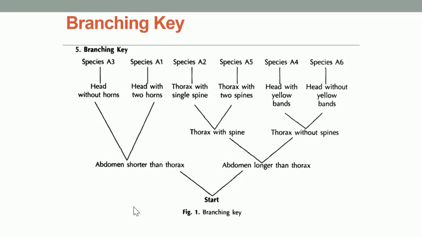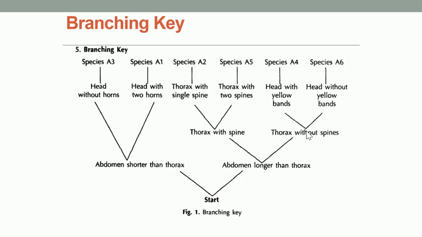Now for specimen 2, suppose it has an abdomen longer than the thorax and it has a head with yellow bands. Suppose the first character is matching, abdomen is longer than thorax. Now I will look for the second character, whether the thorax has the presence of spines or it does not have spines.